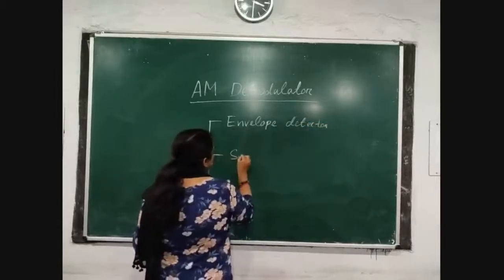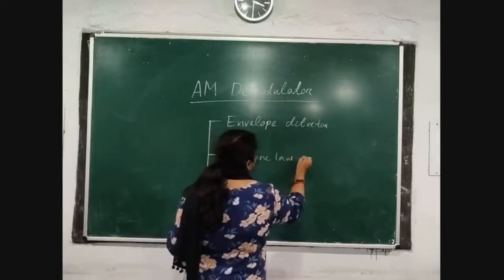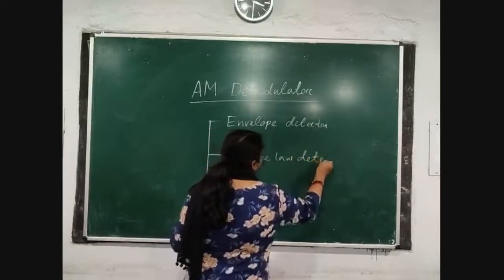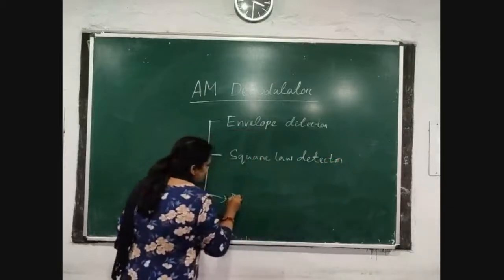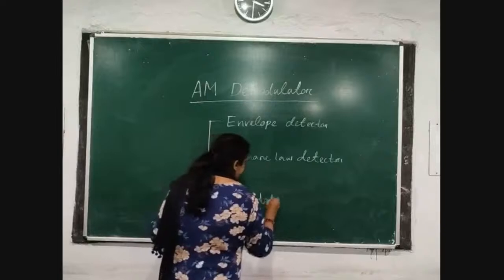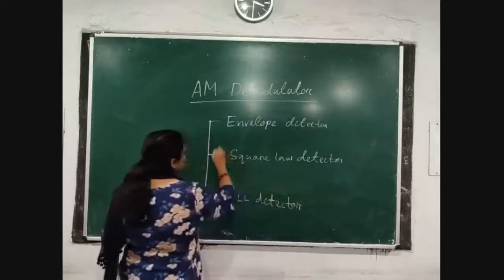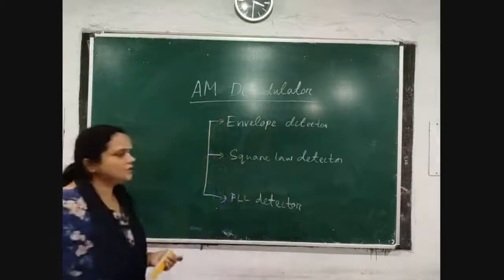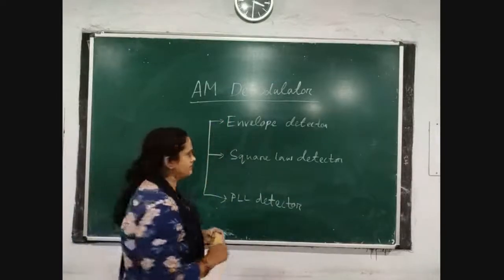Second one is the square law detector, then the PLL detector. So today we only discuss the envelope detector.